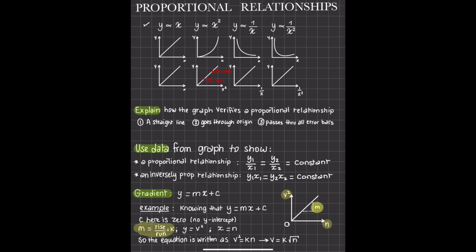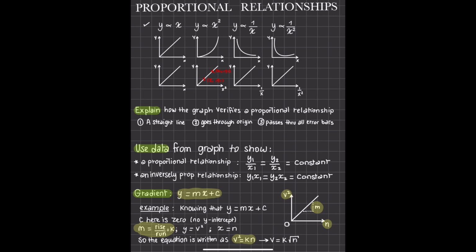Alright, so you find the gradient because you'll have given values, and then you say, since we know that it's a line graph that should have an equation of y equals mx plus c, then in this case it would be v2 equals k, which is the gradient after you found it, times n.